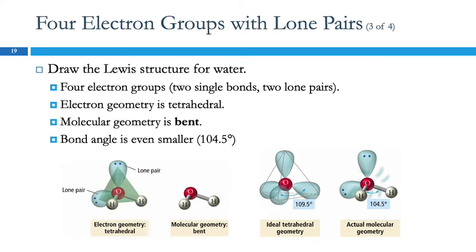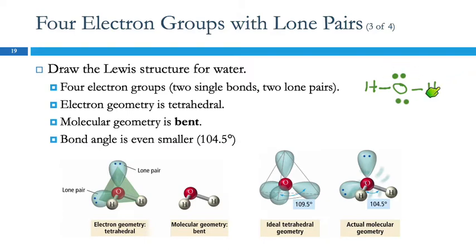Let's look at water. Lewis structure for water: oxygen and 2 hydrogens, and then there's lone pairs. And that's how we typically draw water Lewis structure, in a line, right?